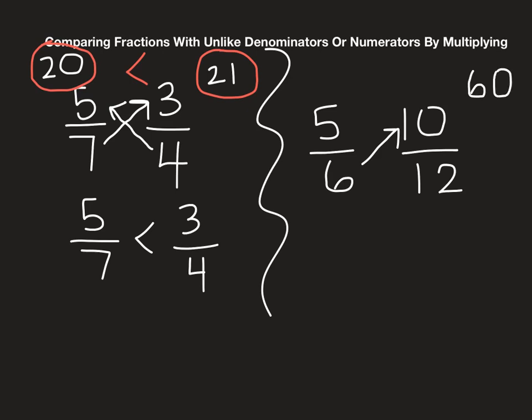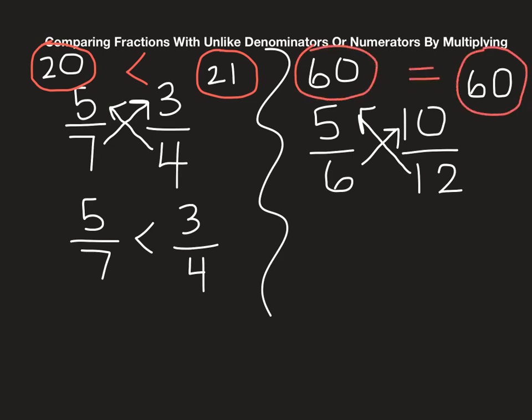Now we'll multiply the denominator on the right by the opposite numerator. 12 multiplied by 5 is 60. In this example, we can see that our products are equal. Therefore, that tells us that 5/6 is equivalent to 10/12.